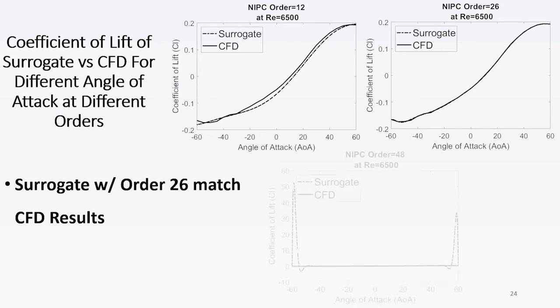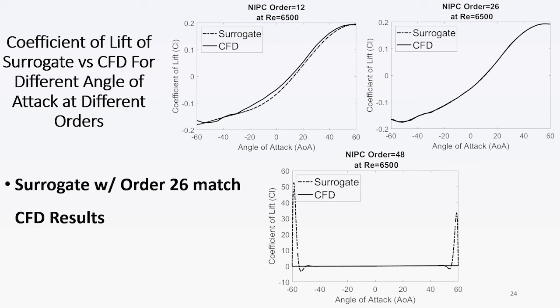However, for the order of 48, a large divergence is noticed at some extreme locations of the angle of attack, leading to unphysical CL values up to 50. Therefore, increasing the order does not necessarily mean that the solution will be more accurate. In order to deduce the optimal order, the coefficient of lift of all the generated surrogate models with different orders k have to be compared with the CFD one.